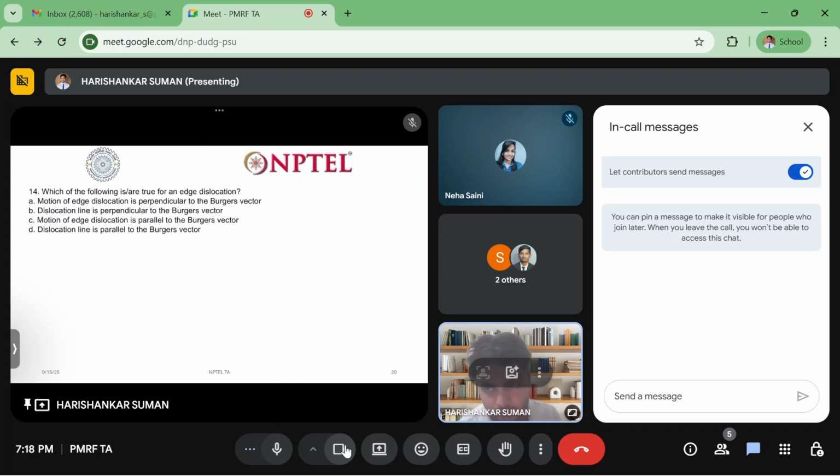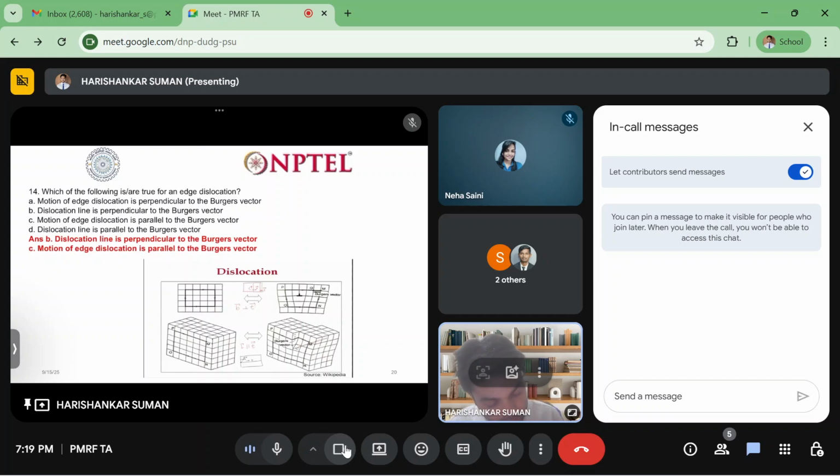Next question. Which of the following is true for the screw dislocation? For a screw dislocation, the dislocation line is parallel to the Burgers vector, and the motion of the screw dislocation can be perpendicular to the Burgers vector. Next, the Burgers vector of the dislocation in the case of BCC, that is body centered cubic lattice.